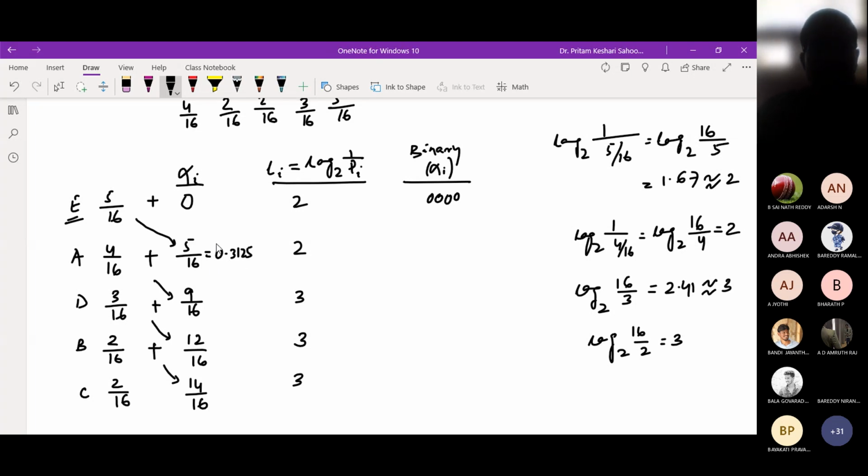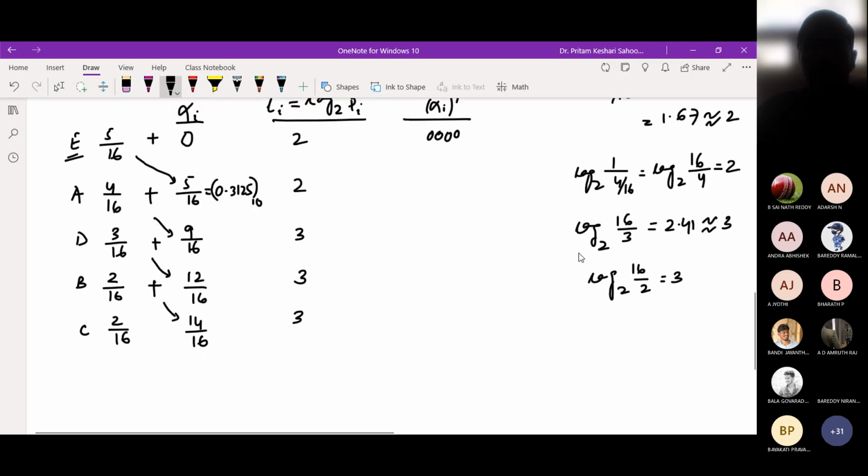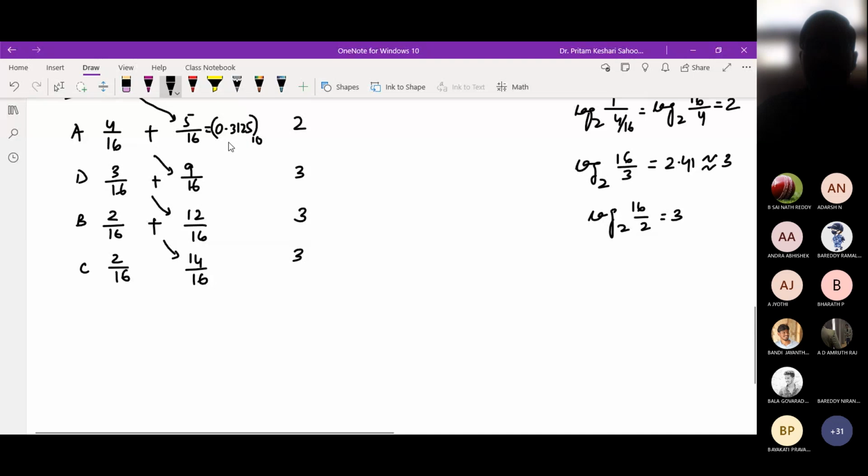This is a decimal number, and you have to convert that decimal number system into the binary number system. How can we do it? See, the integer part is 0, and only the decimal part is 3125.